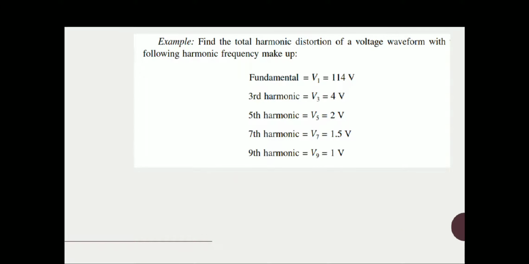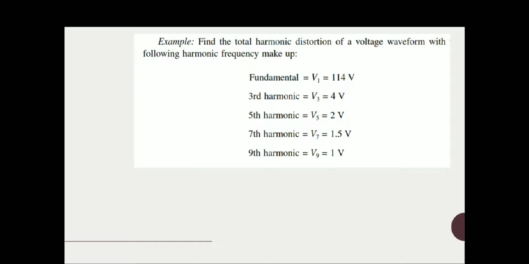Suppose we take an example. If you want to find the total harmonic distortion of a voltage waveform with the following harmonic frequency components: a fundamental component V1 equal to 114 volt, third harmonic component V3 equal to 4 volt, fifth harmonic V5 equal to 2 volt, seventh harmonic component V7 equal to 1.5 volt, ninth harmonic component V9 equal to 1 volt. THD is the square root of the summation of the squares of all harmonic components divided by the fundamental voltage.